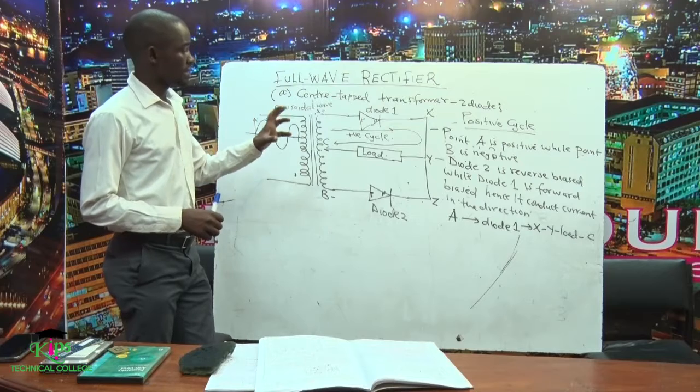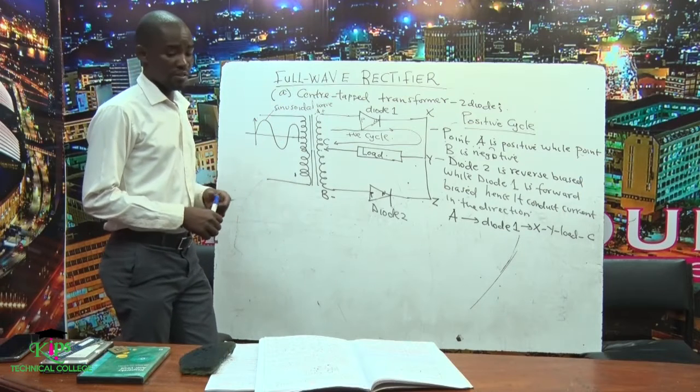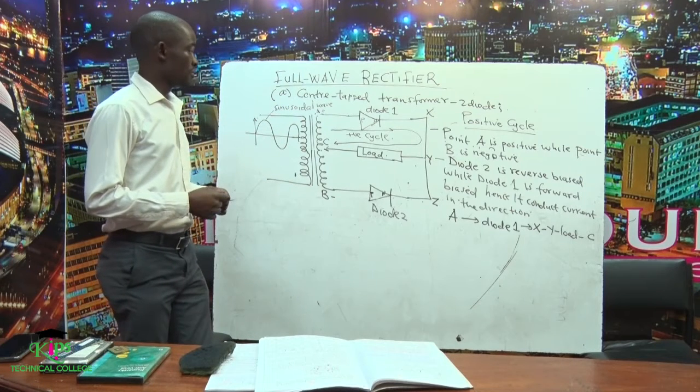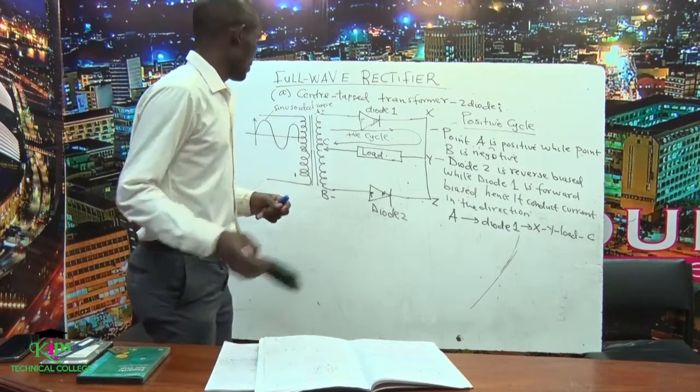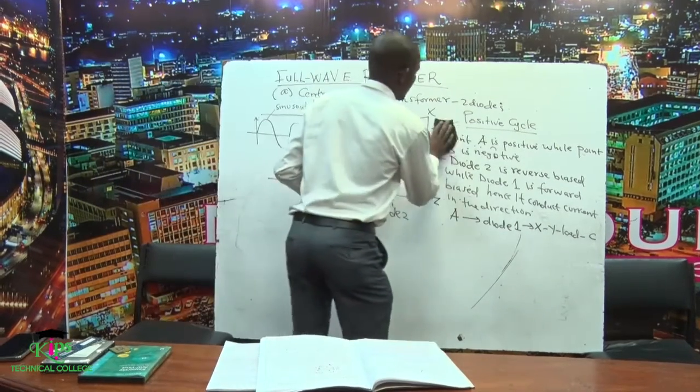So we have analyzed what is happening during the positive cycle. The next step is to move to what happens during the negative cycle. We want to see what is happening during the negative cycle.